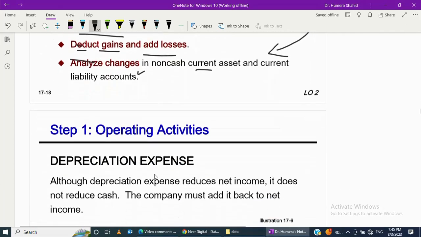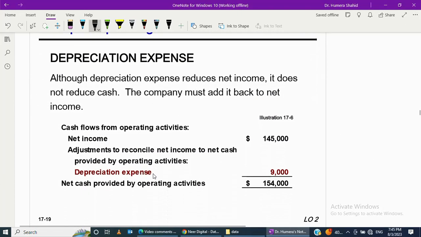So let's prepare for the same example. Firstly, check the income statement. Your net income, the last item of the income statement, is 145,000. So we start the cash flow statement by writing cash flow from operating activities, net income 145,000.